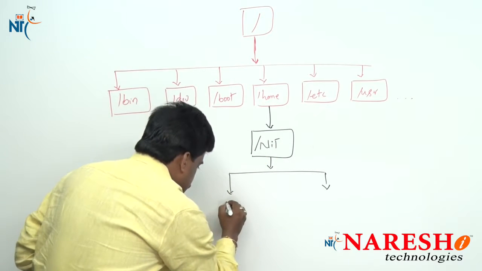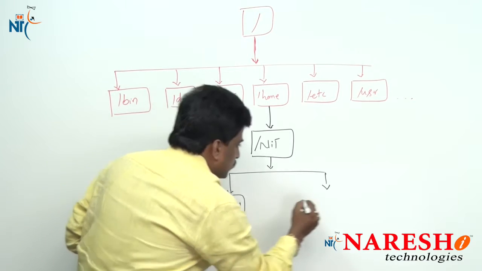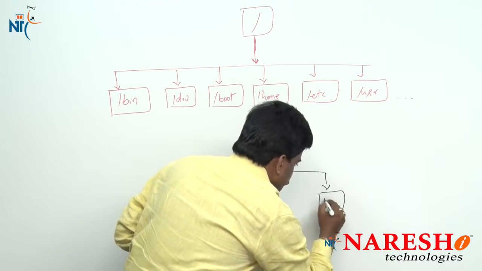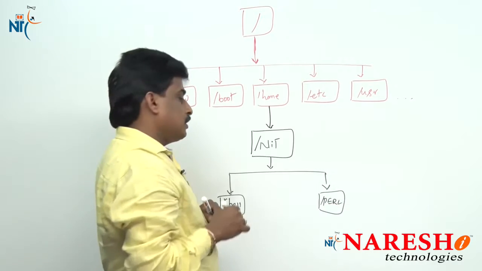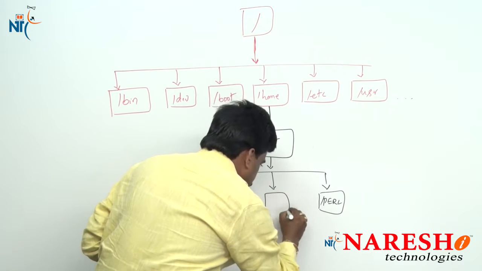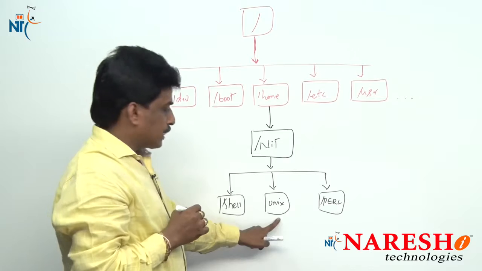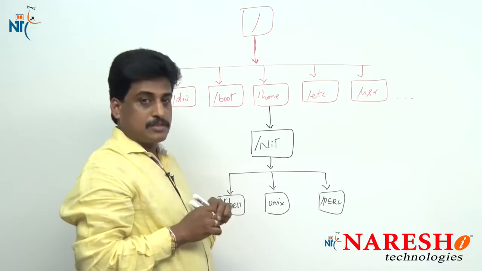Imagine one is shell, another one is Perl. Again there is a file also available, for example UNIX. Now UNIX is a file because there is no forward slash.